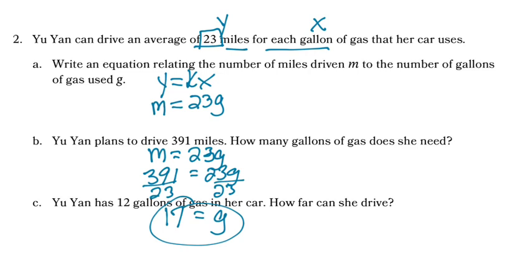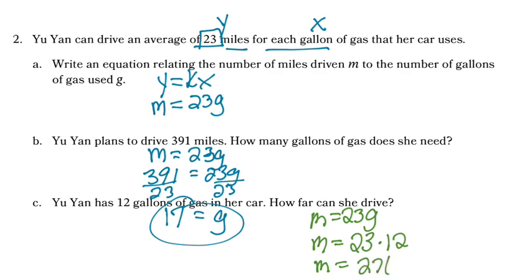For letter C, we're using the same equation. This time we want to know how many miles he can go if he uses 12 gallons of gas. So we're doing 23 times 12, and that gives us 276 miles.